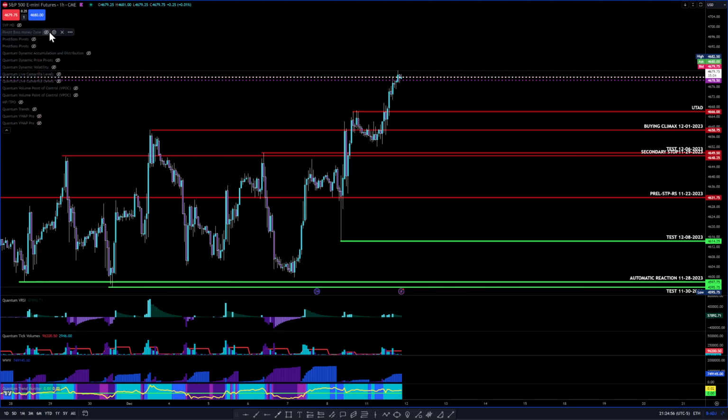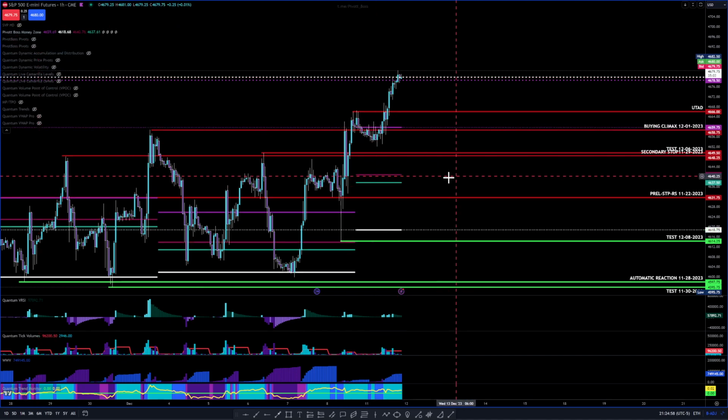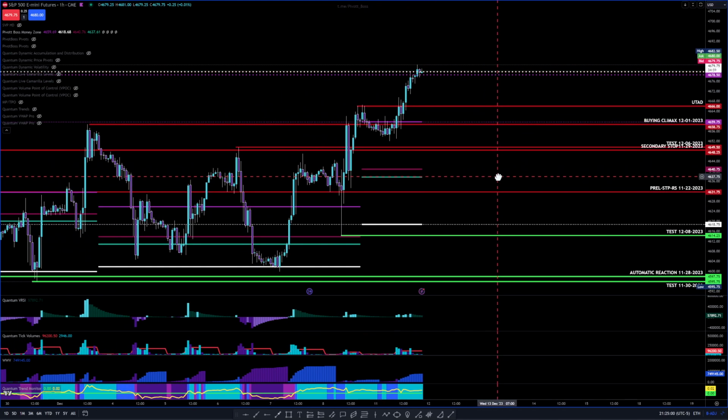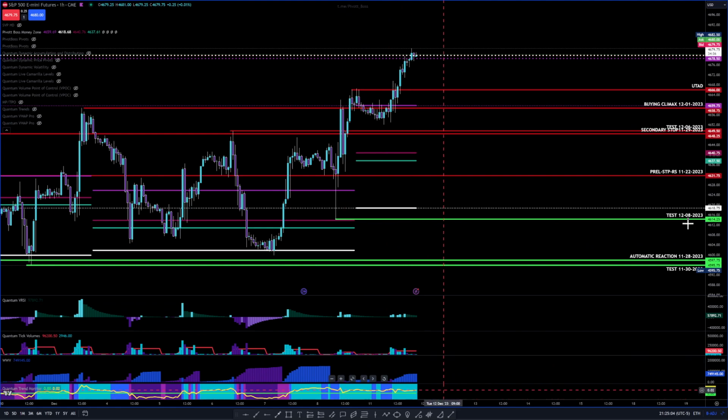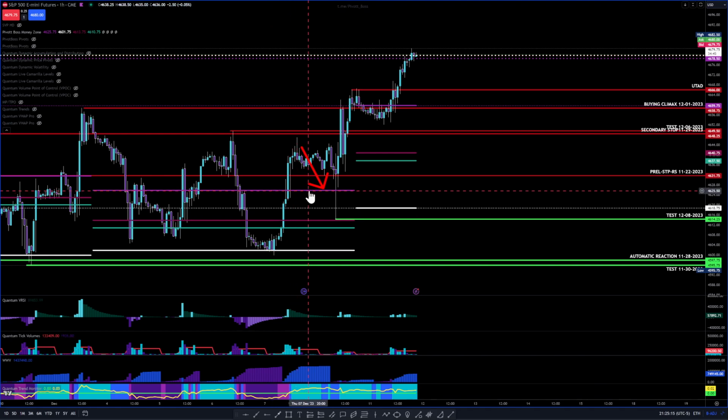So let's take a look here at the market profile. Let's see how that's set up on the 1 hour, which is for the weekly. All right, so we have an overlapping higher value. The previous week's value area high was here at roughly 46.25.75.